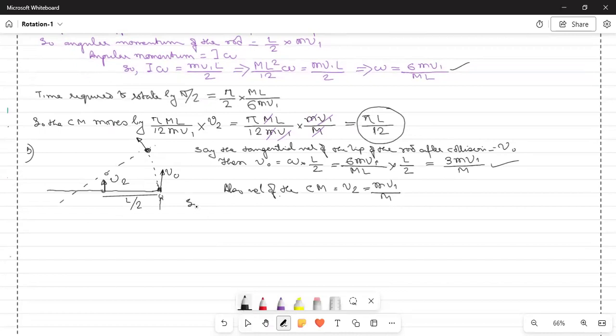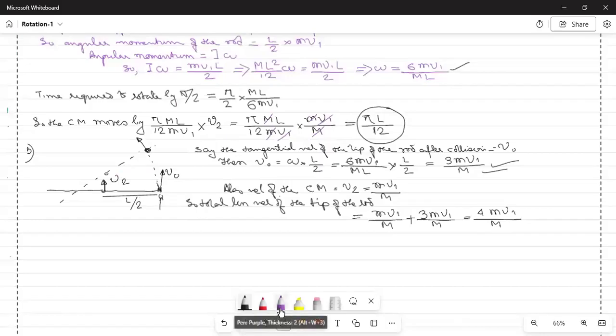So total linear velocity of the tip of the rod is equal to m v1 by capital M, one velocity, plus another velocity we have got here, 3 m v1 by capital M. This makes it equal to 4 m v1 by capital M.